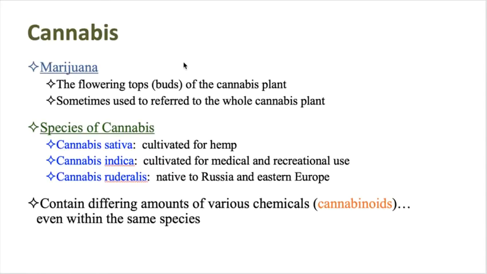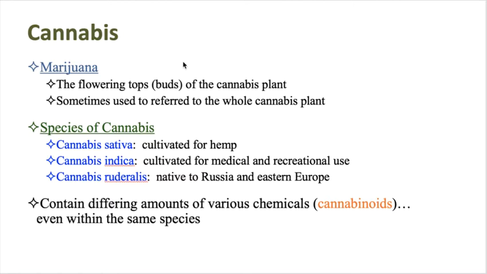So cannabis. I'm going to do my best to refer to it as cannabis. There are a bunch of different names that people use for it, but marijuana is a common one as well. Marijuana specifically refers to the flowering tops or the buds of the cannabis plant, though sometimes people use it to refer to the whole plant.